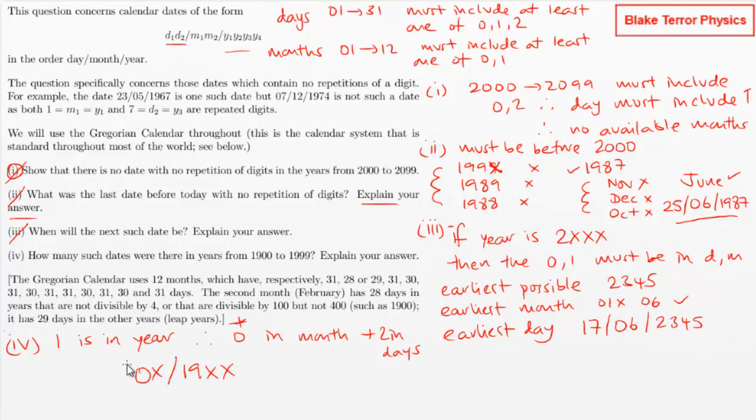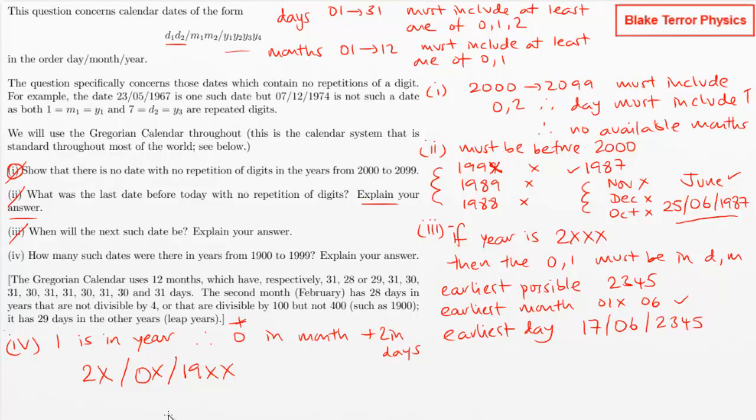So we've got 0x. And then for the day, we can't have a 0. So that takes out everything 1 to 10. And we can't have anything going up to 19 because the 1's have gone. Can't be 21, but it's got to be in the 20s. About 30, no, we can't have 30 or 31 because the 0 and the 1 have gone. So it's got to be in that format.